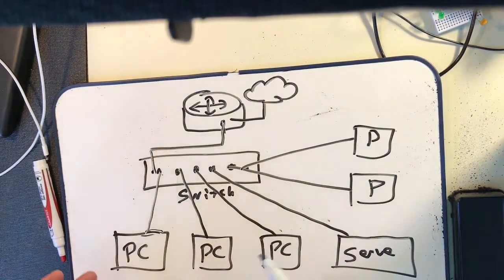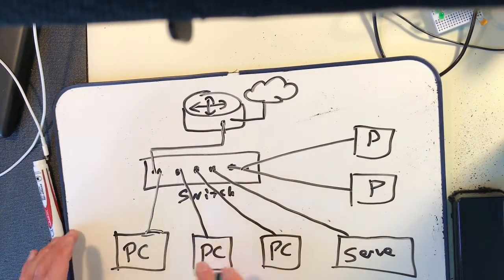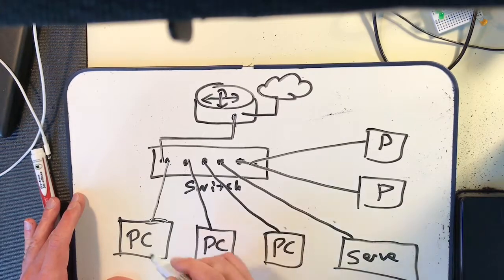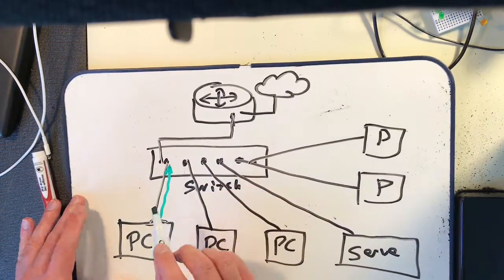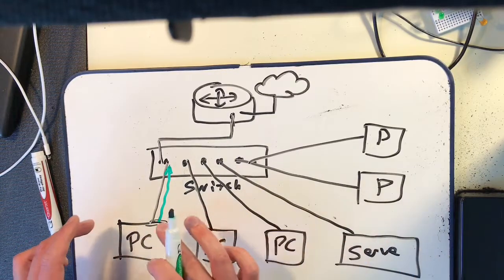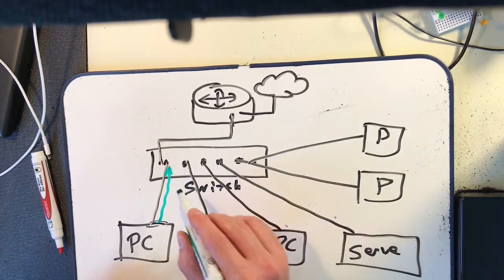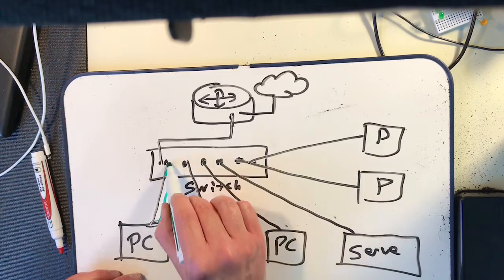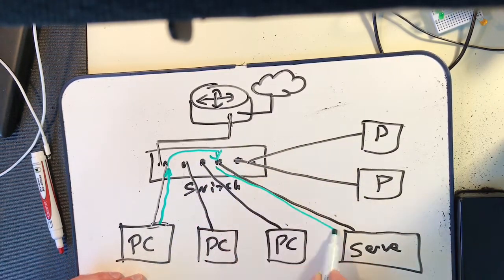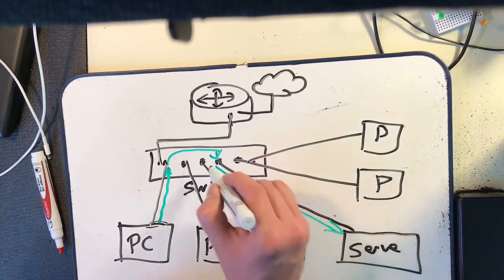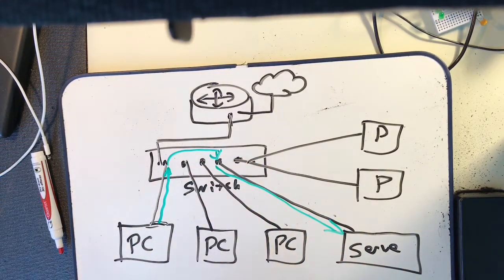So traffic you send now, for example, if I want to send a packet from this PC to the server, it would go up into the switch. It would read the hardware addresses of what it is and where it's trying to go, and it would send it to that port that's connected to the server. Send it to the server. Same is true in reverse. It'll go back up through here.